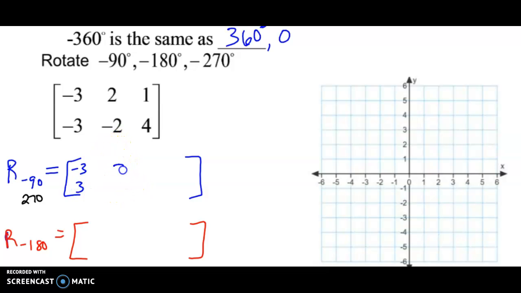Flip the coordinates, that will become negative 2. Flip the coordinates, that will become negative 1. There we go. Okay, so let's go ahead and plot out our original.